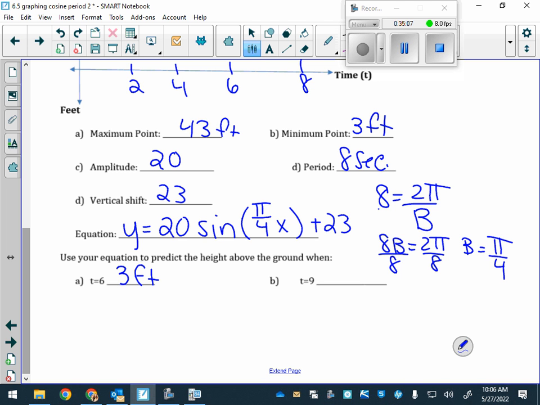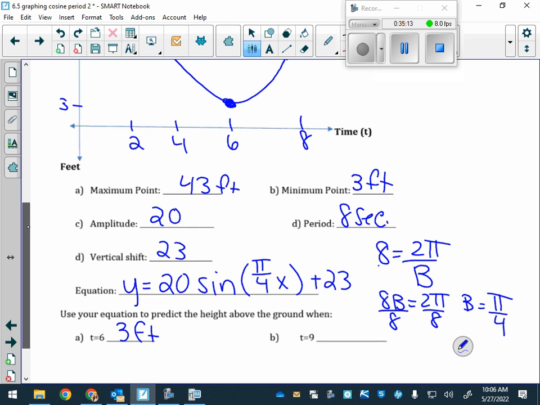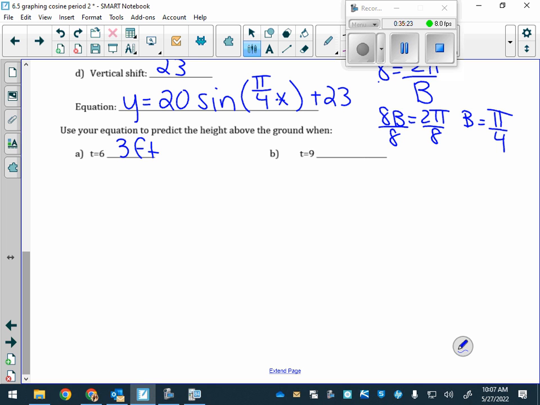What does 9 represent? X or Y? X, right? So can we plug 9 into this equation to find out what our height is? Yeah. So take 20 sine pi over 4 times 9 plus 23.